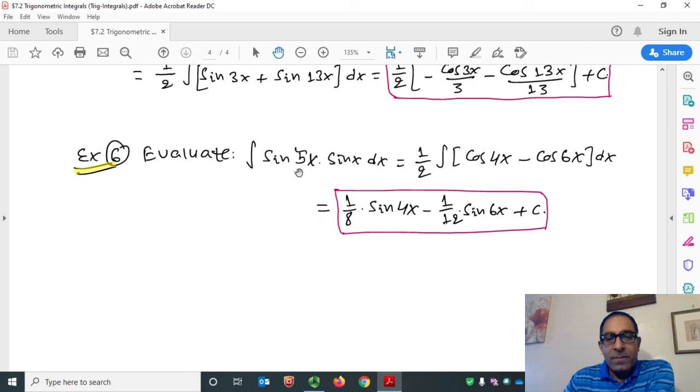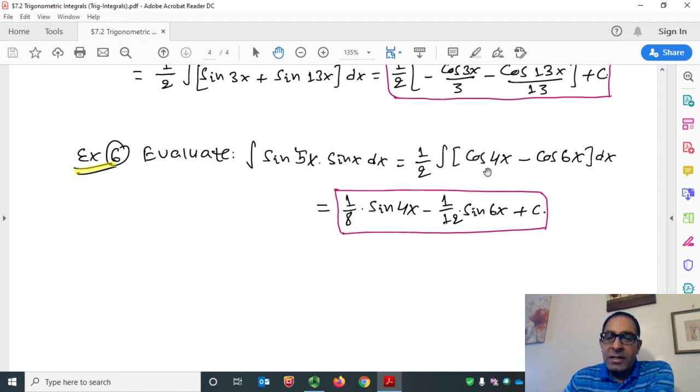Then by the formula, this equals 1/2 times cosine(mx minus nx). Here m is 5, n is 1. So 5x minus 1x is 4x, minus, from the formula, cosine(mx plus nx), 5x plus x is 6x dx.